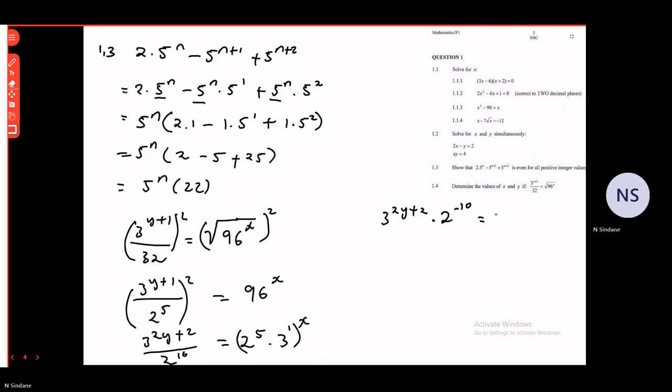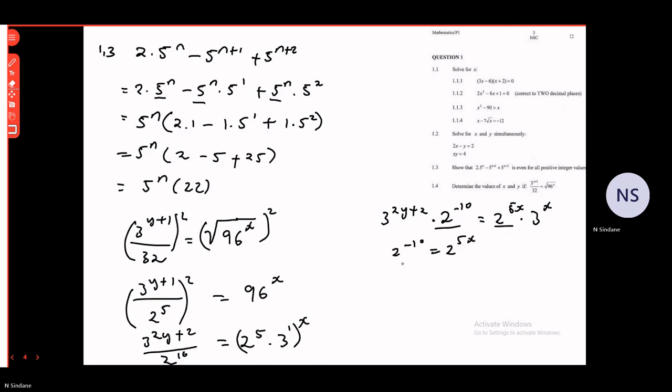This is equal to 2 to the power 5 multiplied by 2 to the power 5x. If I expand it due to the laws of exponents, then 3 to the power x. Then the ones that have base 2, I'm going to separate from the ones that have base 3. So this will be 2 to the power minus 10 is equal to 2 to the power 5x.